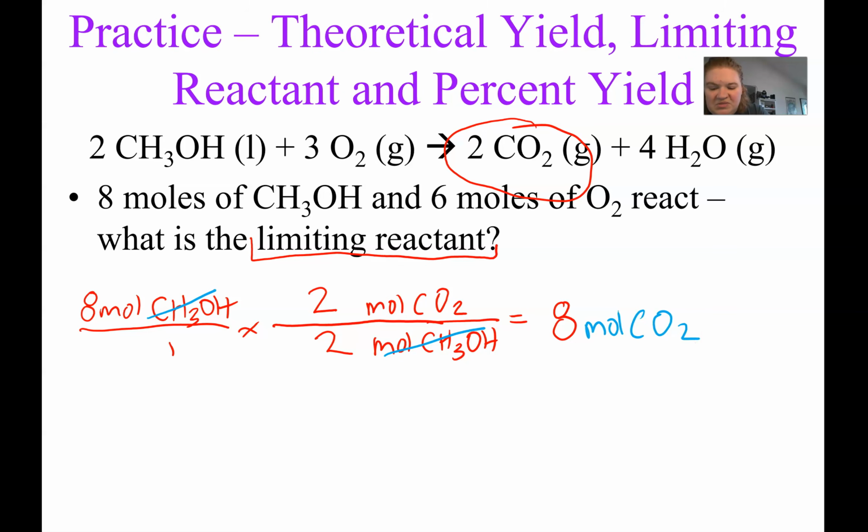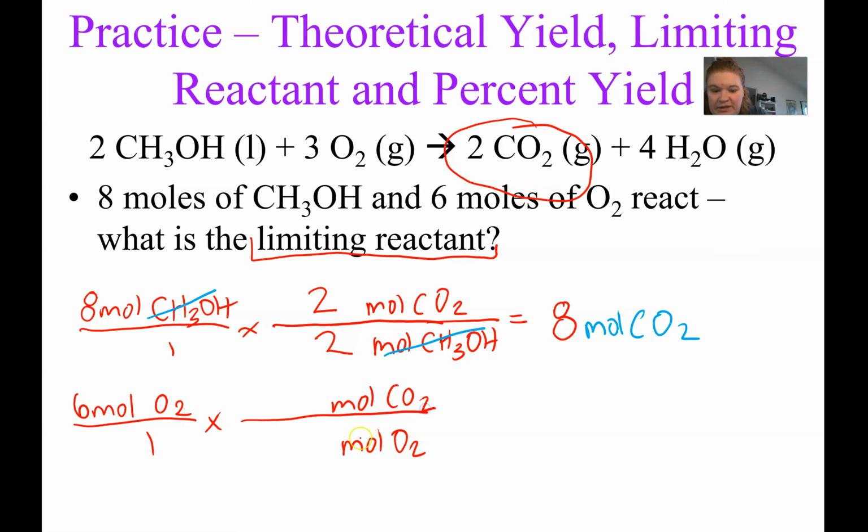Now right now, this doesn't tell us a whole lot. What it tells us is that if we have 8 moles of CH3OH, we could potentially make 8 moles of CO2. And I say potentially because that's assuming we have enough of all of the other ingredients. So now I'm going to start with my 6 moles of O2, and I'm going to have my moles of O2 on the bottom, my moles of CO2 on the top, and I'm going to get my numbers here from my balanced equation.